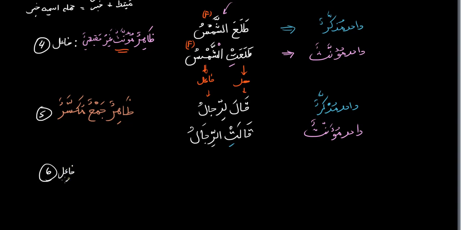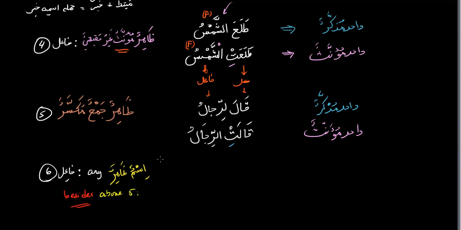If the fa'il is any ism zahir besides the above 5 categories, any ismun zahirun, okay, besides above 5.